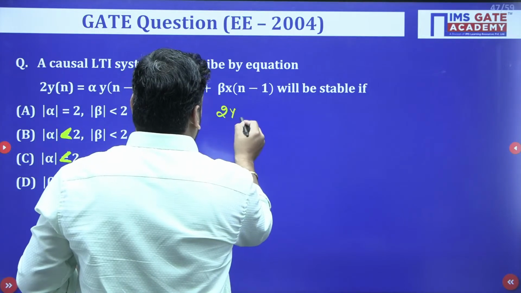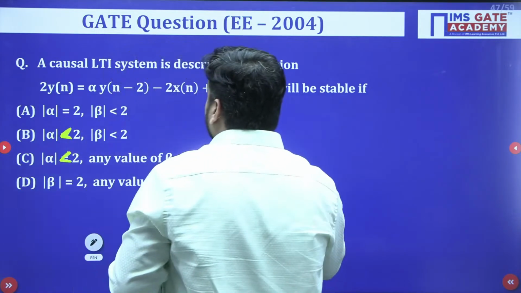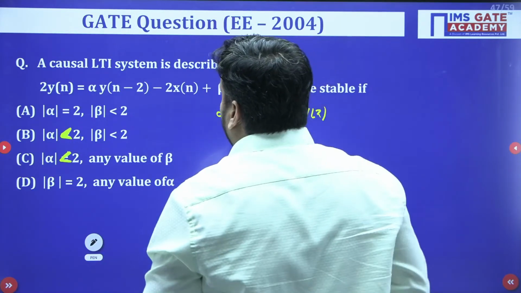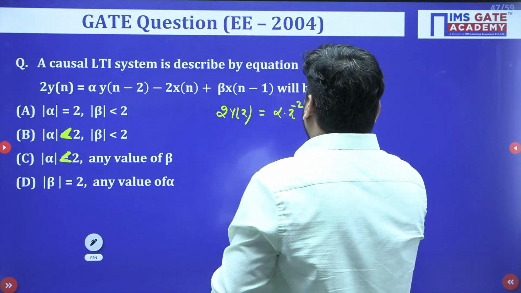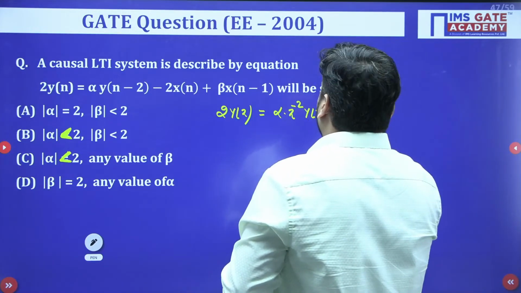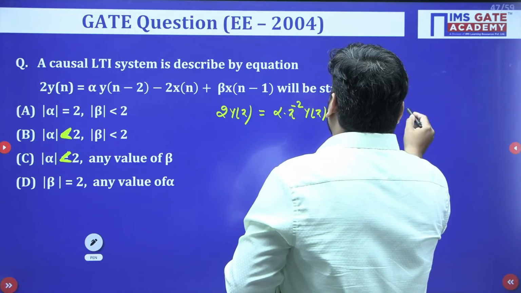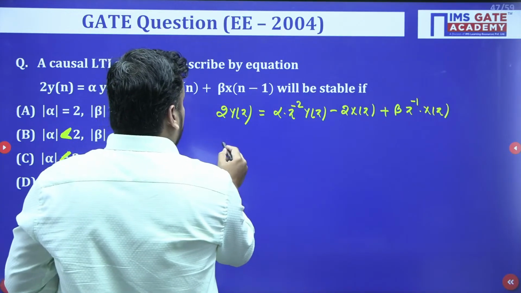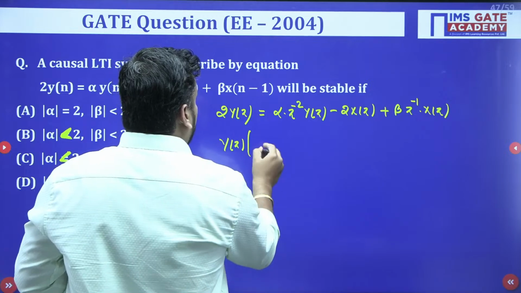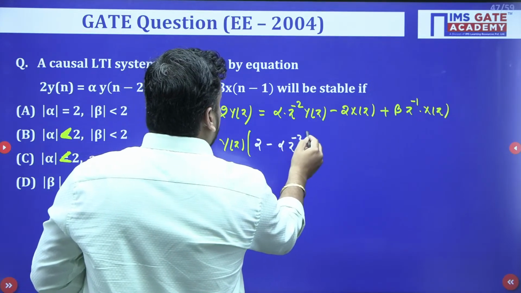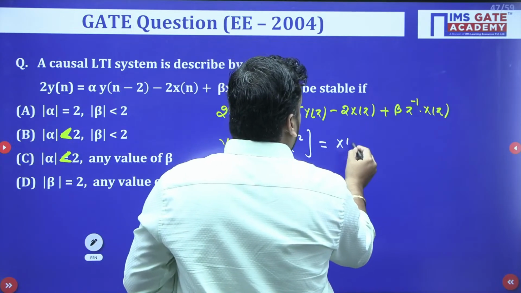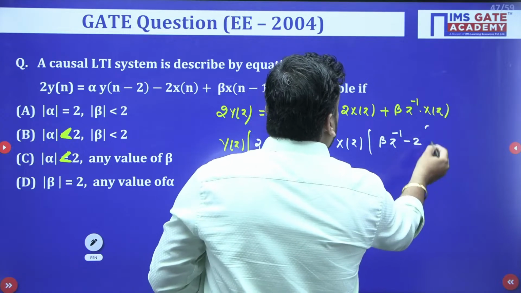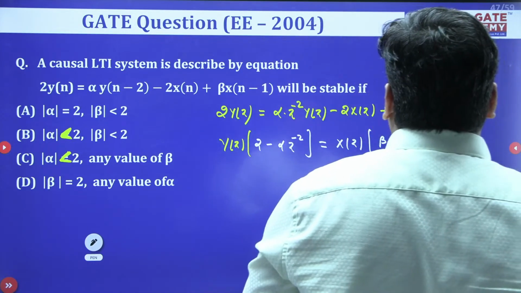If I take the z transform on both sides, I will get 2Y(z) equal to alpha into z to the power minus 2 into Y(z), minus 2X(z), plus beta into z inverse into X(z). Now students, when I take Y(z) common, you will get (2 minus alpha z to the power minus 2) equal to, when you take X(z) common, beta z inverse minus 2.